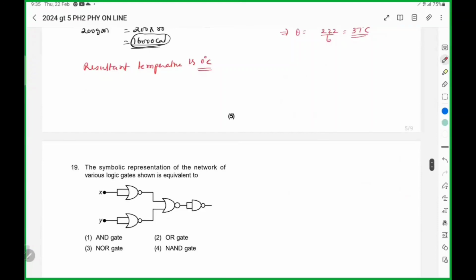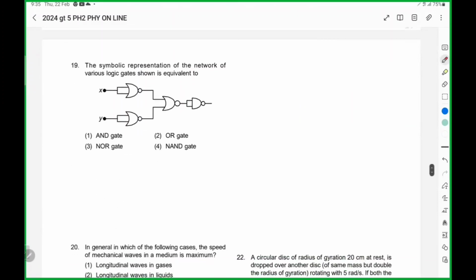Here, the symbolic representation of the network, various logic gates are given. So you have an idea about the NOR gate. NAND and NOR are universal gates. So it is the negation of the OR gate.